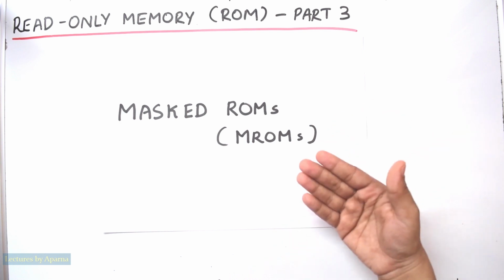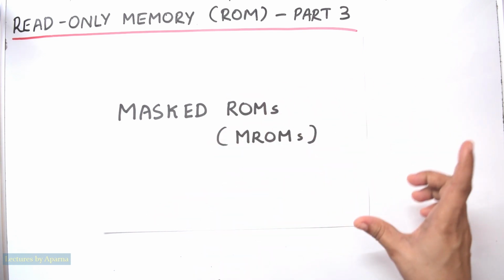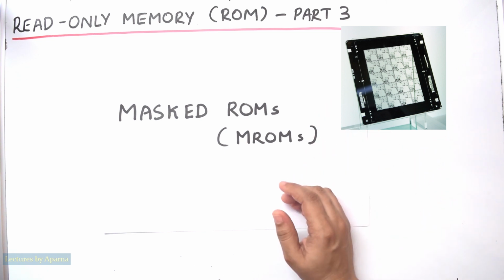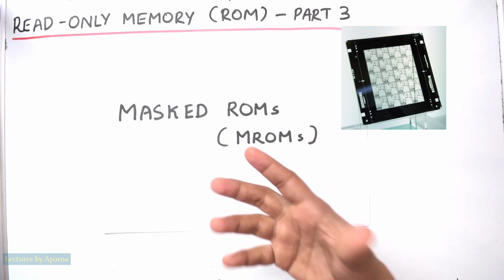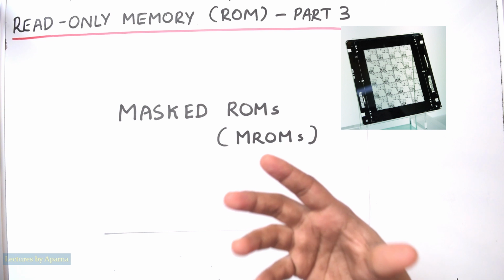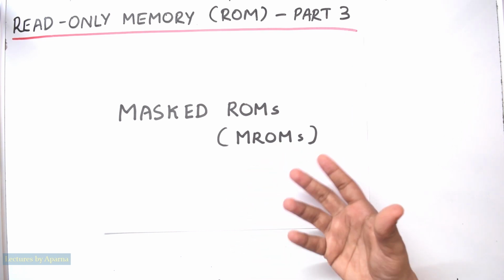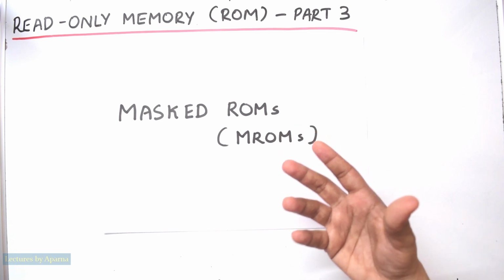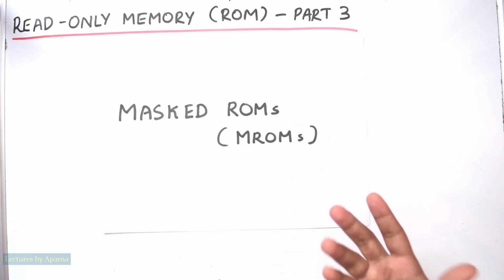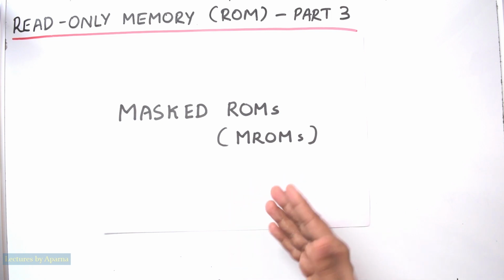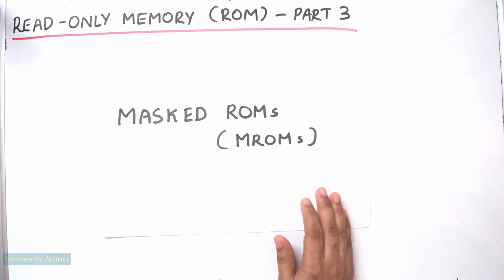It is the manufacturer who produces a mask, which is a photographic template of your required circuit. Then this mask is used for the mass production of your ROMs. So this type of method is used only for mass production because the manufacturing cost is high. So only if it is done in large numbers, it will be economical.